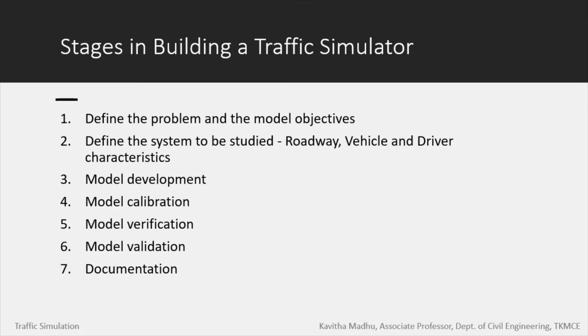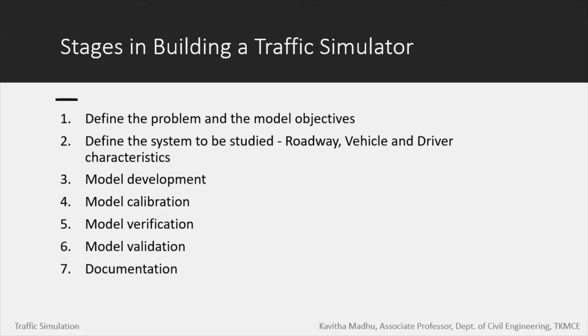Then next, we have to define the various systems that we are studying. So basically traffic consists of the roadway, the vehicles running over the road, the drivers who are controlling them, and the management or control measures which control the vehicular movements.